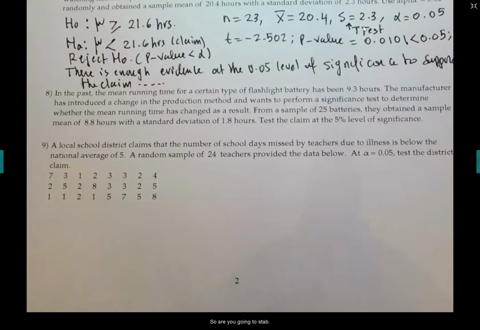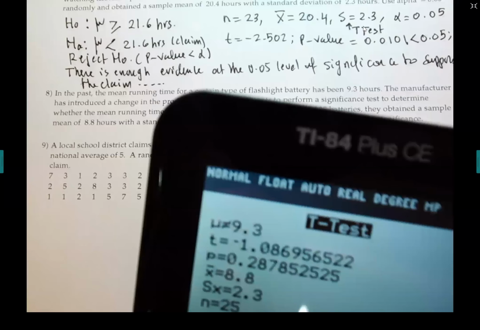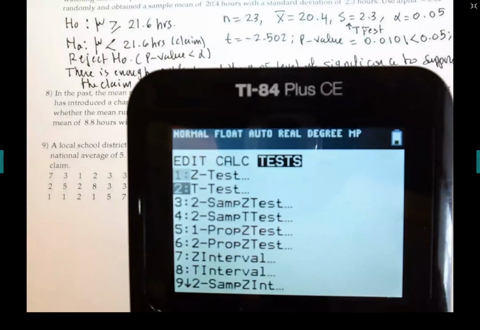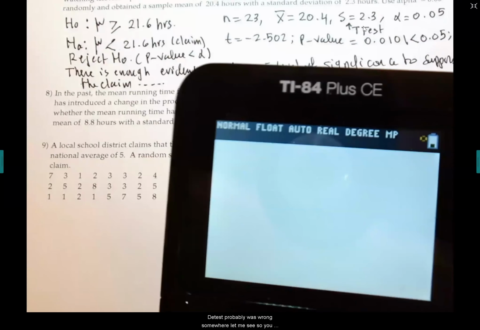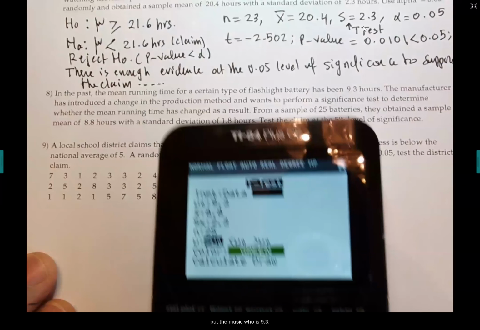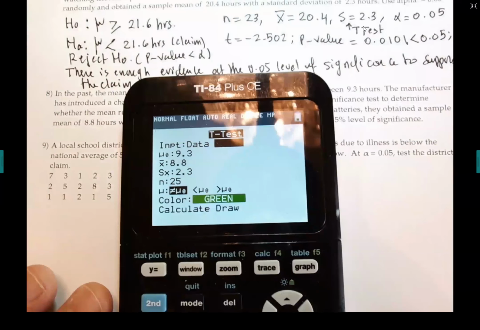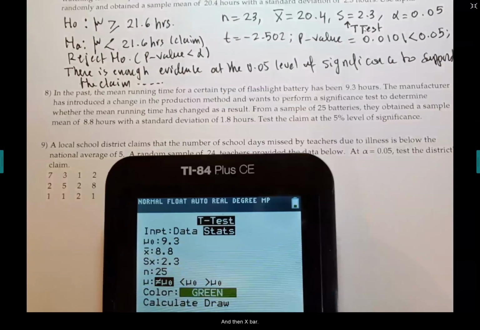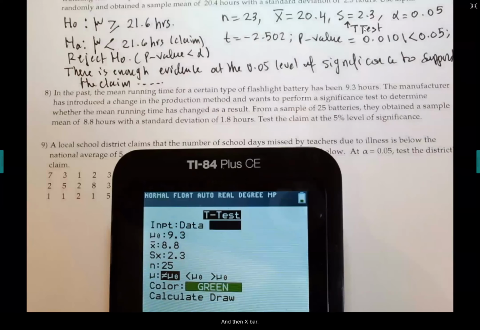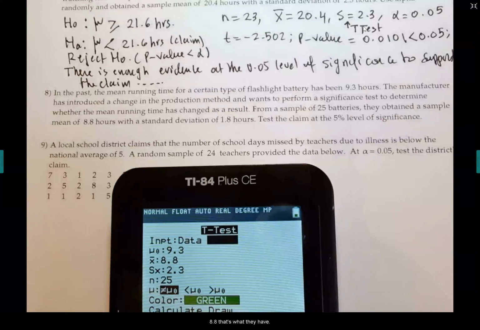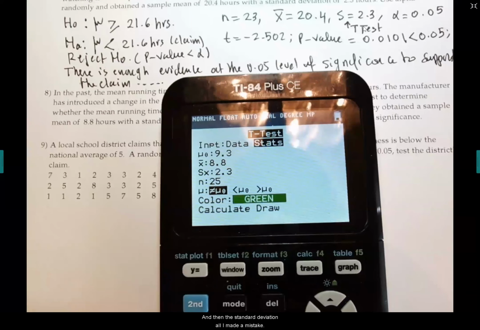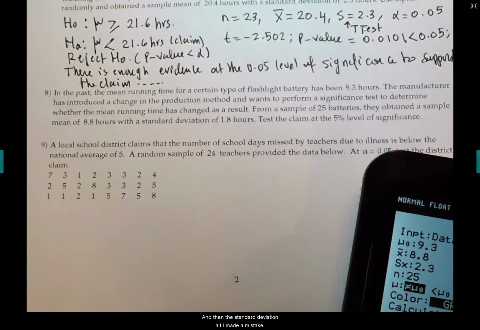Okay, so you go to stat, tests, t-test. I probably was wrong somewhere. Let me see. You put mu0 is 9.3, and then x bar is 8.8. That's what I have. And then the standard deviation, oh, I made a mistake.